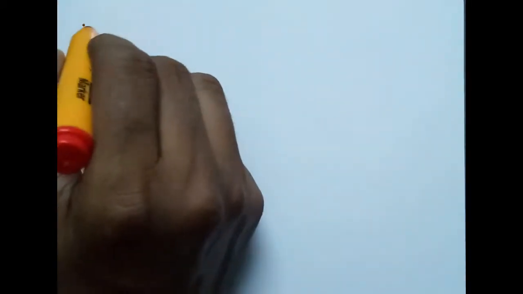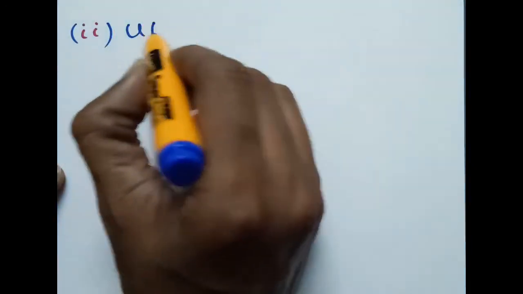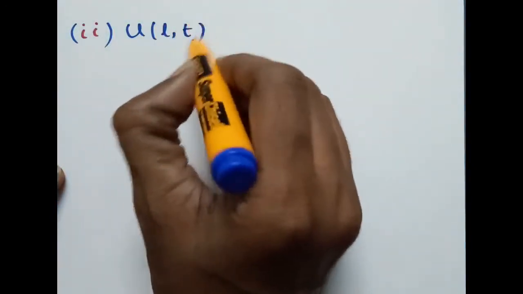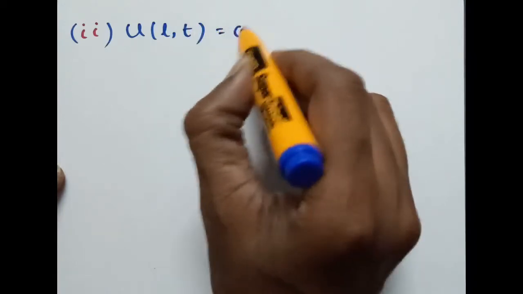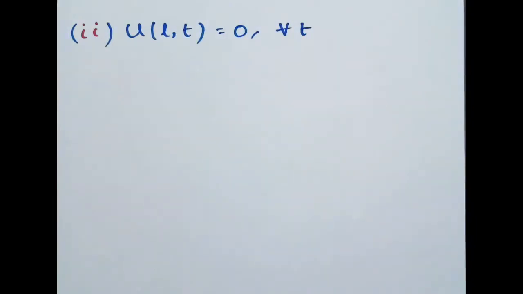Condition 2, u of L comma t equal to 0 for all t greater than 0.